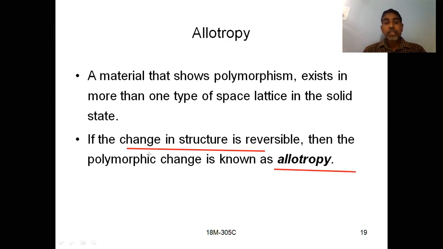If A to B is possible and the process from B to A is also possible, then that polymorphic change is known as allotropy. It is a very, very important definition. These two are very, very important definitions: polymorphism and allotropy.